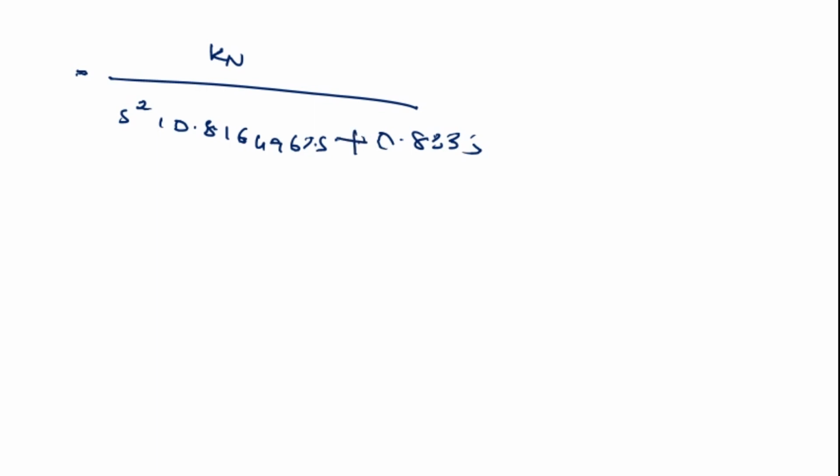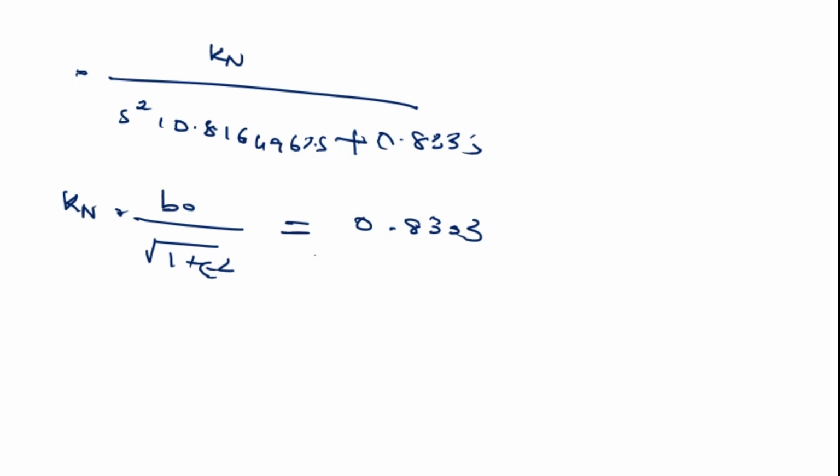Here we know that Kn is equal to B naught divided by root of 1 plus epsilon square, which is equal to 0.8333 divided by root of 1 plus 0.75 whole square, equal to 0.667.